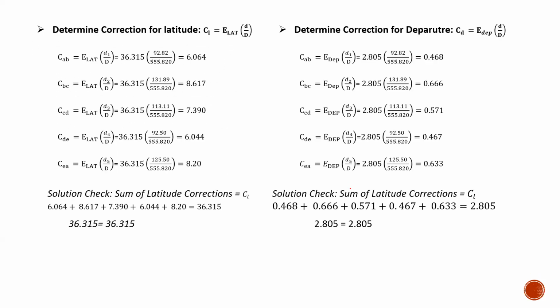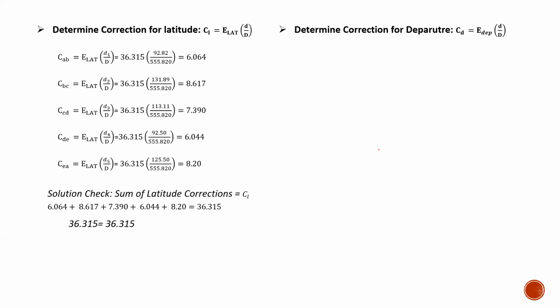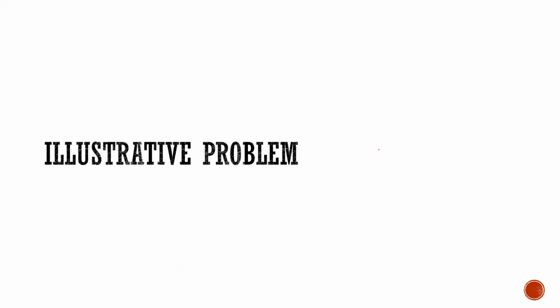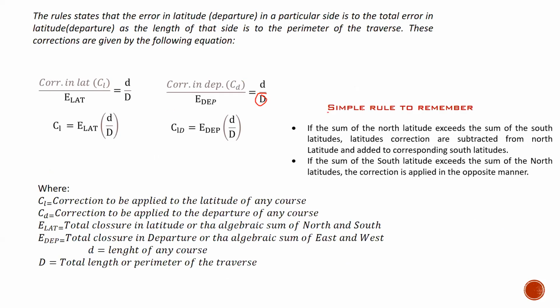So, ano yung gagawin natin dito? Dito, papasok yung sinasabing rules ni ma'am. Eto. Di ba meron tayong simple rule to remember that if yung sum of north latitude natin nag-exceed sa sum of the south latitude, yung latitude correction natin is isusubtract natin siya sa north and i-add natin sa south.